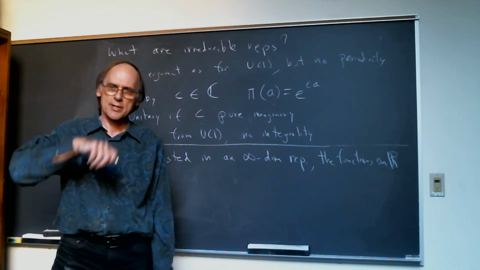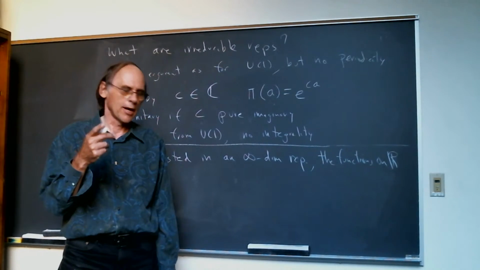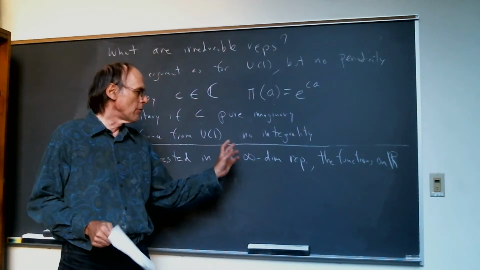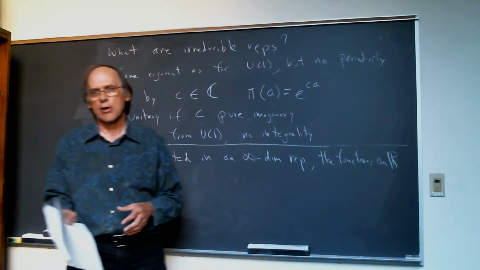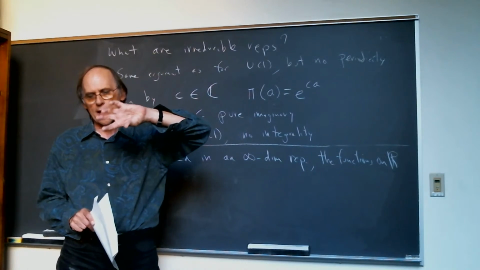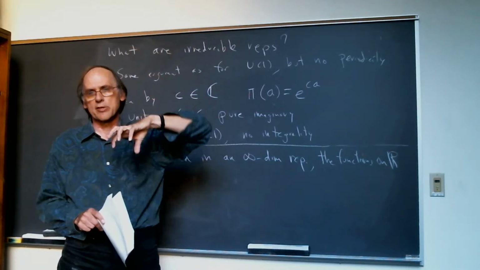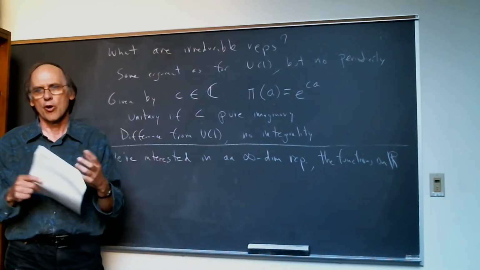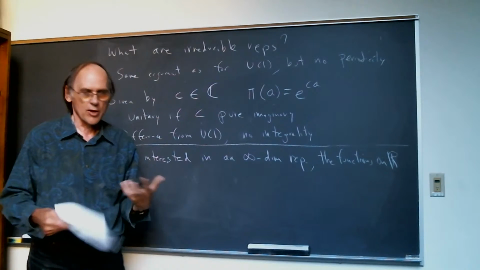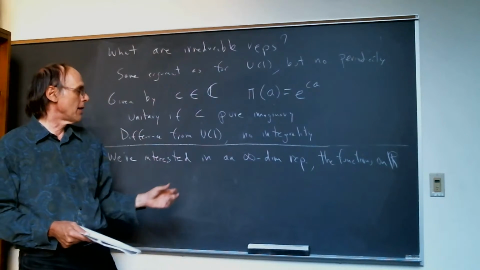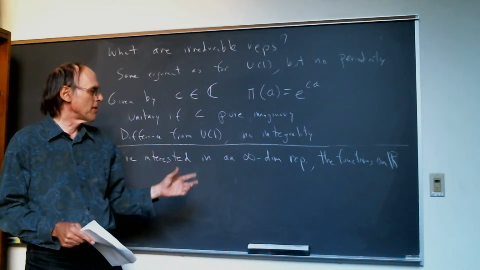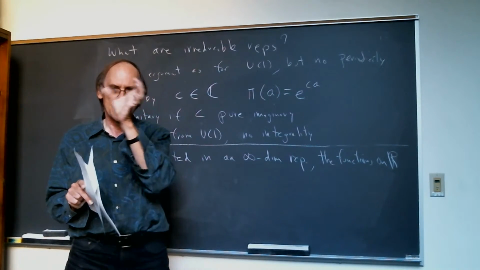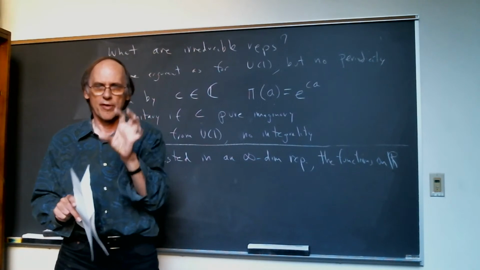At the end of the last section of the class, I started by writing, we were looking at SU2 and SO3 representations as representations on an infinite dimensional space of all polynomials in Z1, Z2, or all functions on the sphere. But what happened there was that we could break it up discretely into irreducible discrete pieces, and those were finite dimensional.